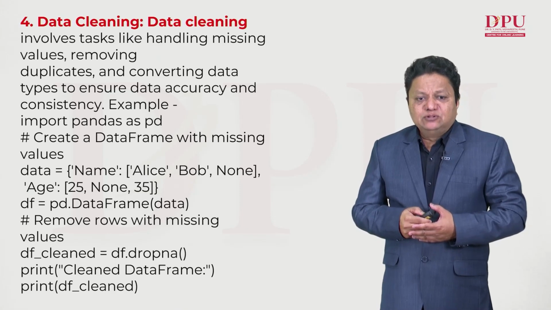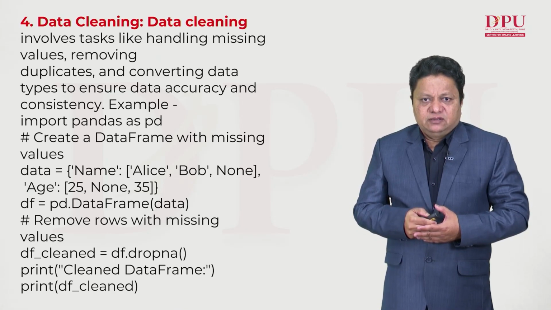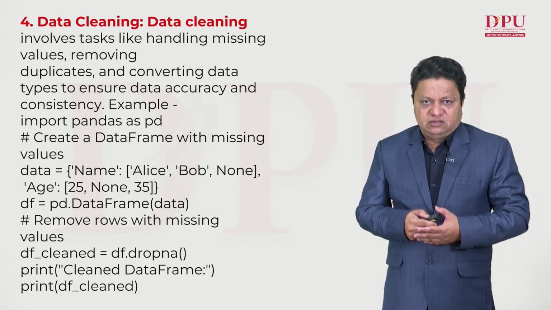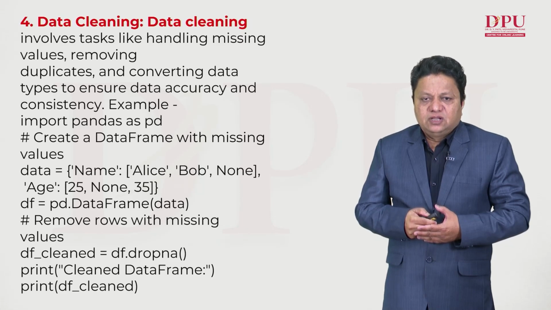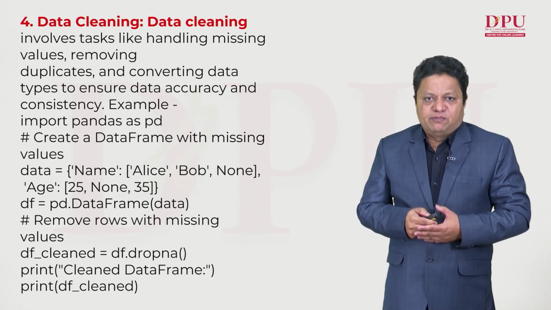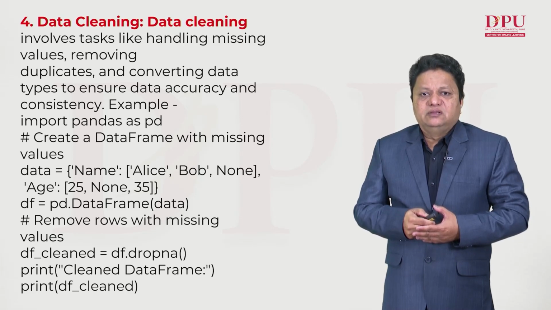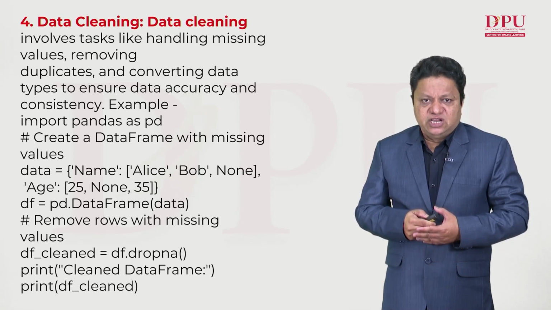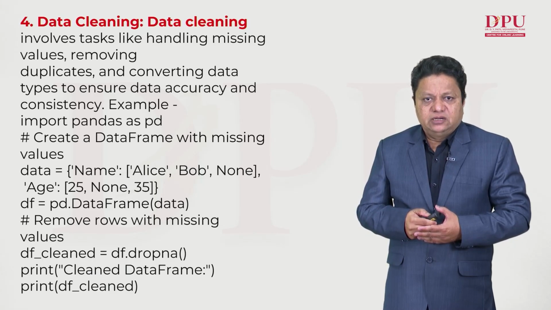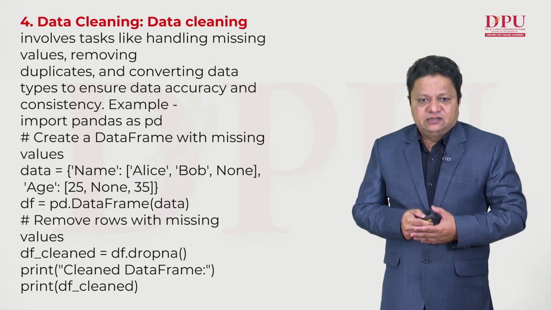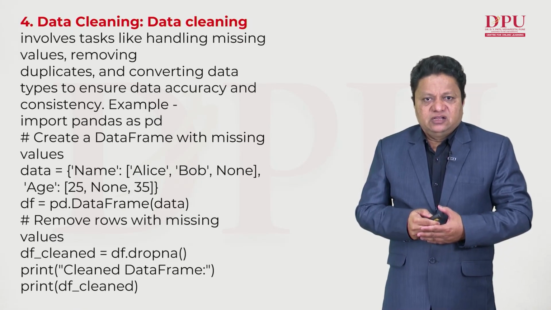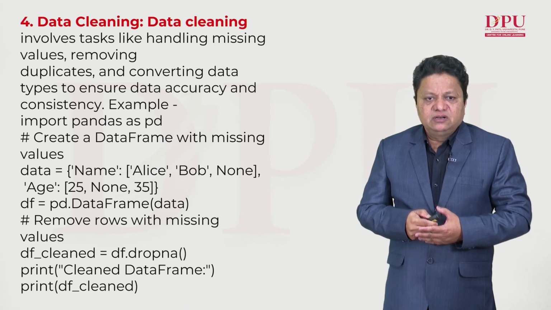After that I am storing the data frame into the df_cleaned variable. Now I am printing the values of the cleaned data frame with the help of a print statement, that is print, in the rounded brackets, df_cleaned, which will print the data in terms of rows and columns, where you can see that the rows which do not have values have simply been removed.